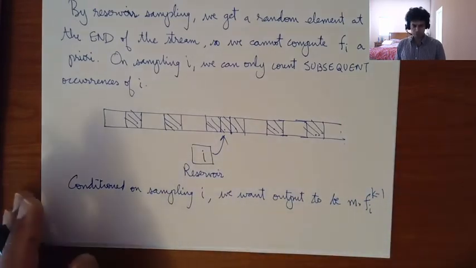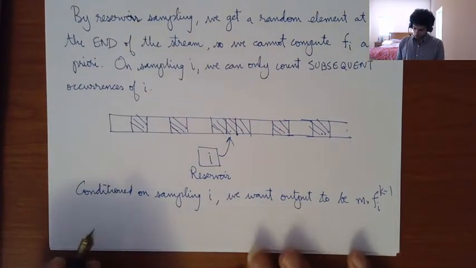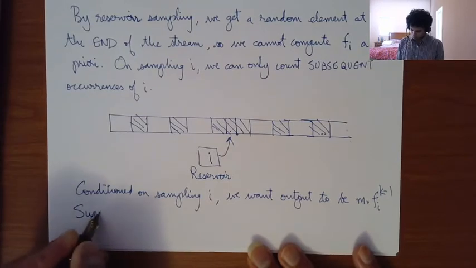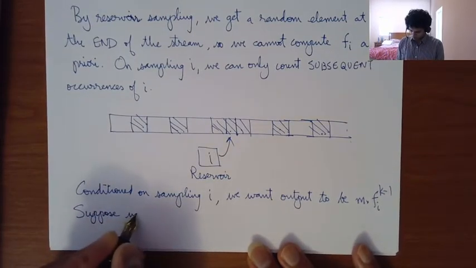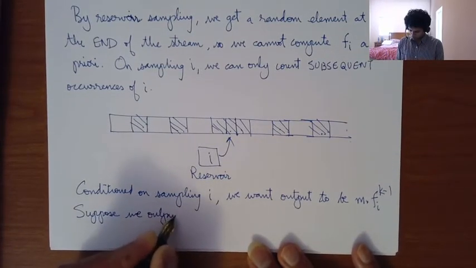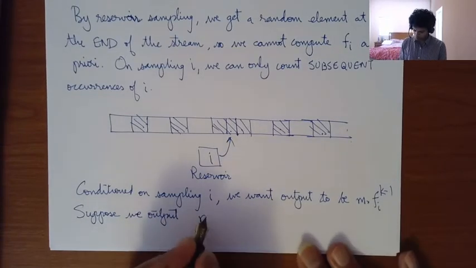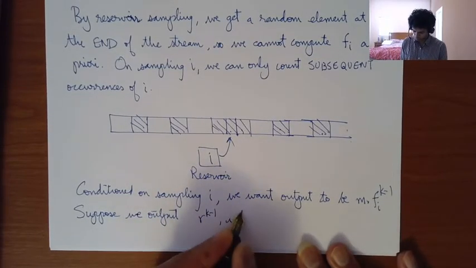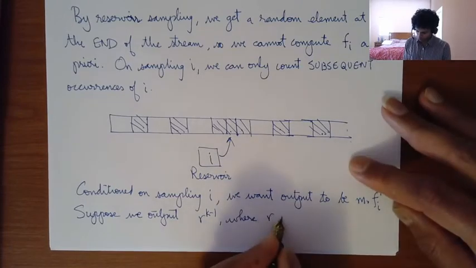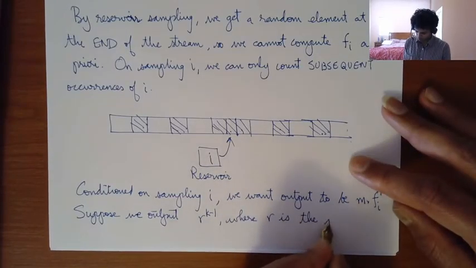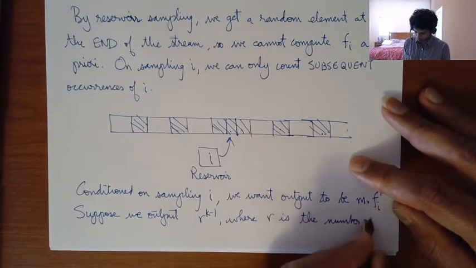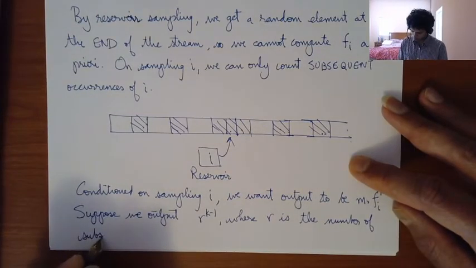The very clever fix: suppose we output r to the k minus 1, where r is the number of subsequent occurrences.